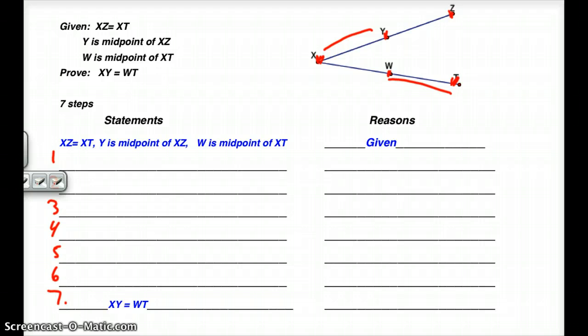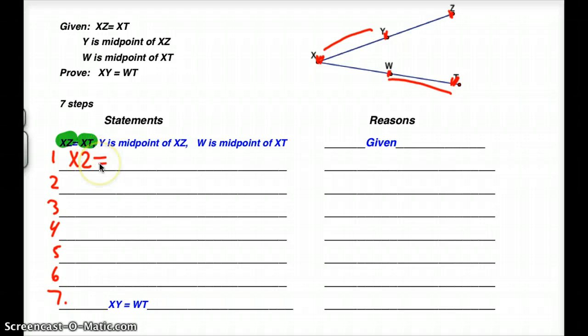All right, now, when you're given something, you need to use it, people. So when I'm looking here, I am given XZ and XT, so I need to use those. I can use those to introduce my XY and my WT. So once again, I'm going to use my segment addition postulate to do some introductions.